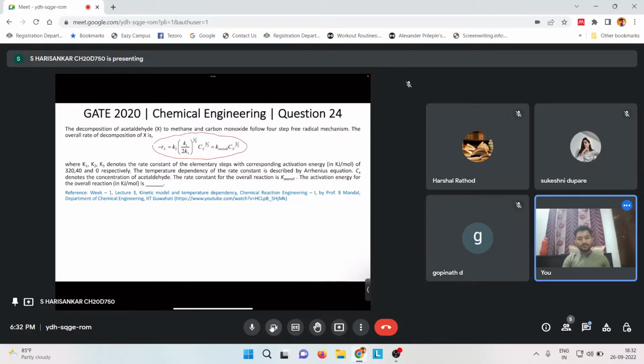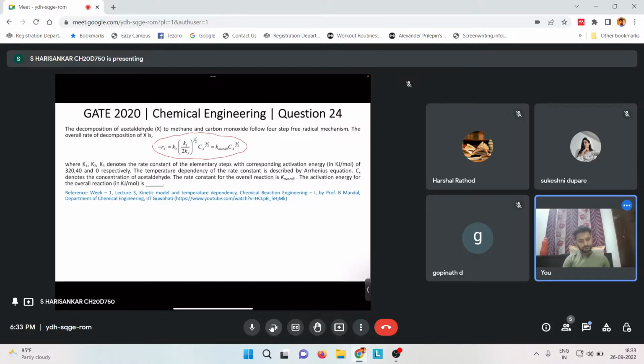And using these data, they have also given us the activation energy for each of these steps. So step 1, or K1, has an activation energy of 320, K2 the associated activation energy is 40, and K3 the associated activation energy is 0.